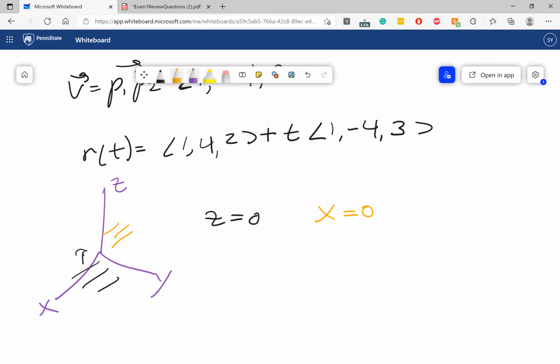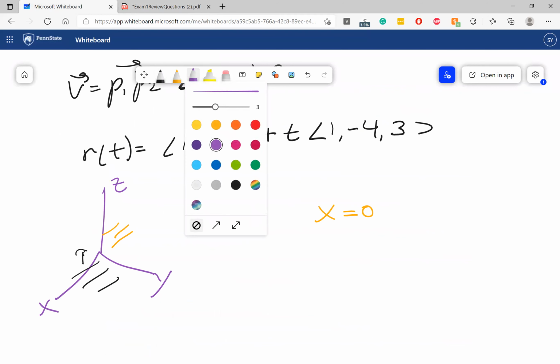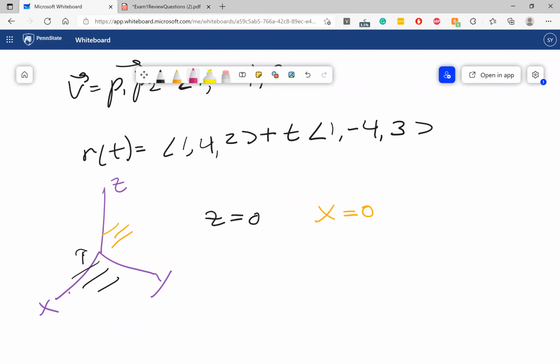And now we can imagine this line going from here to here, and there's a point where it intersects this plane, and a point where it intersects that plane. This is A, this is B. What is the distance between these two points? Okay, so we need to first find where these intersections happen.